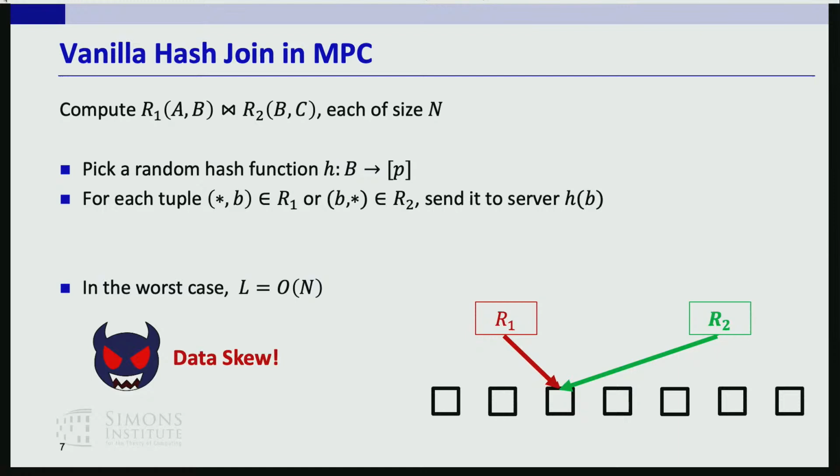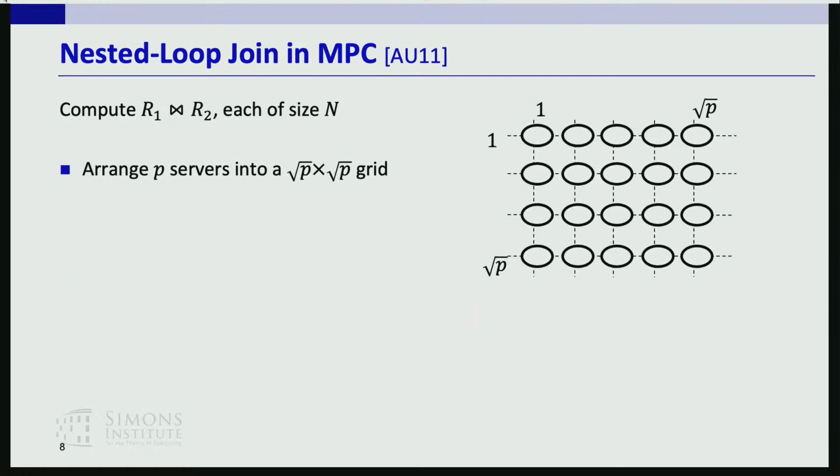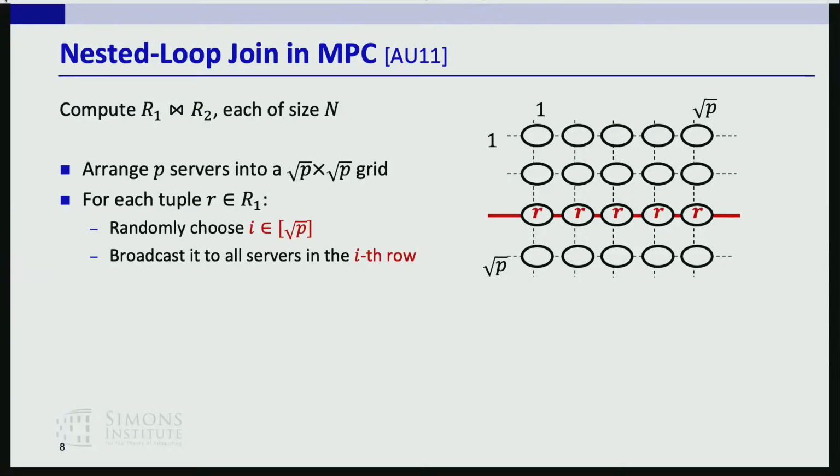Then how to deal with the data skew? We first need a primitive to handle this bad case of Cartesian product. The idea is quite cute. We just organize the P servers into a root P times root P grid. For every tuple from R1, we randomly select a row and send this tuple to all the servers in this row.